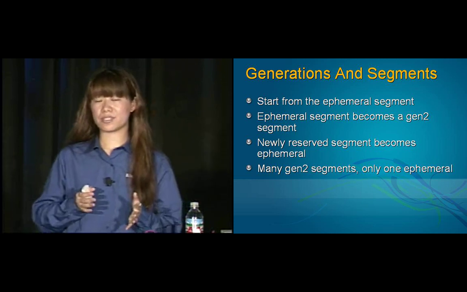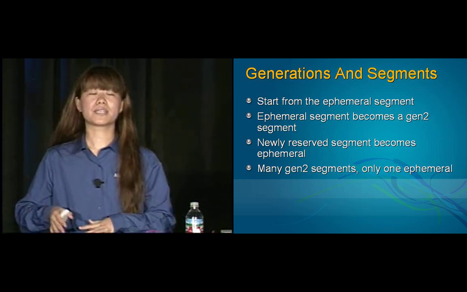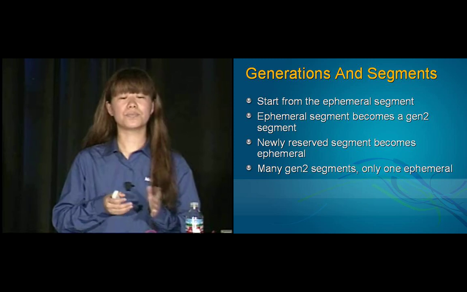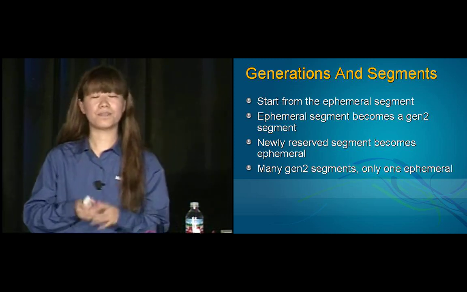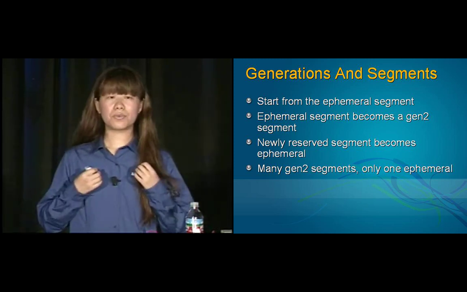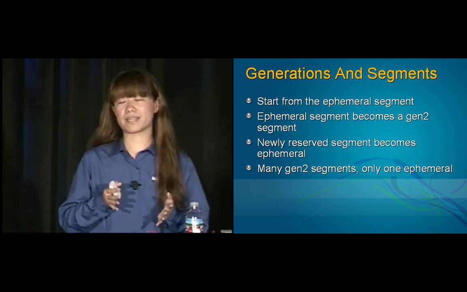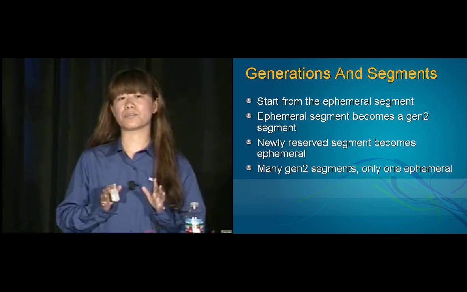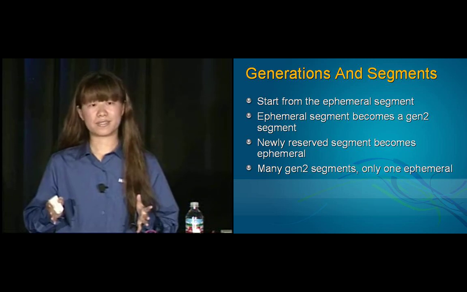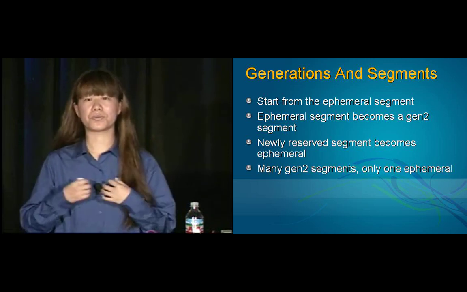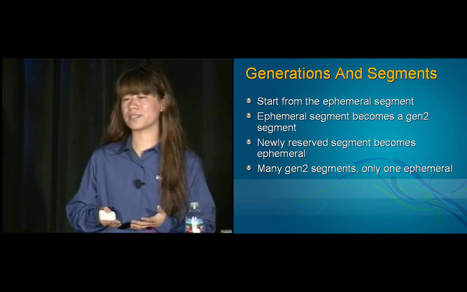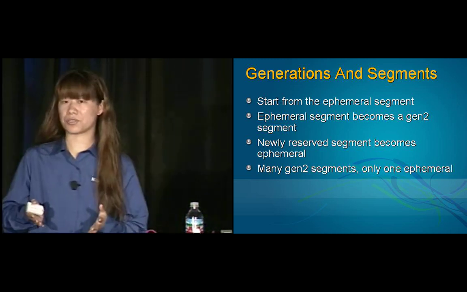So you allocate in Gen 0, and what survived from Gen 0 gets promoted into Gen 1. For Gen 0 and Gen 1, they always stay in one segment. We never let Gen 0 and Gen 1 grow to be larger than one segment. This segment is what we call the ephemeral segment because it contains the ephemeral generations.